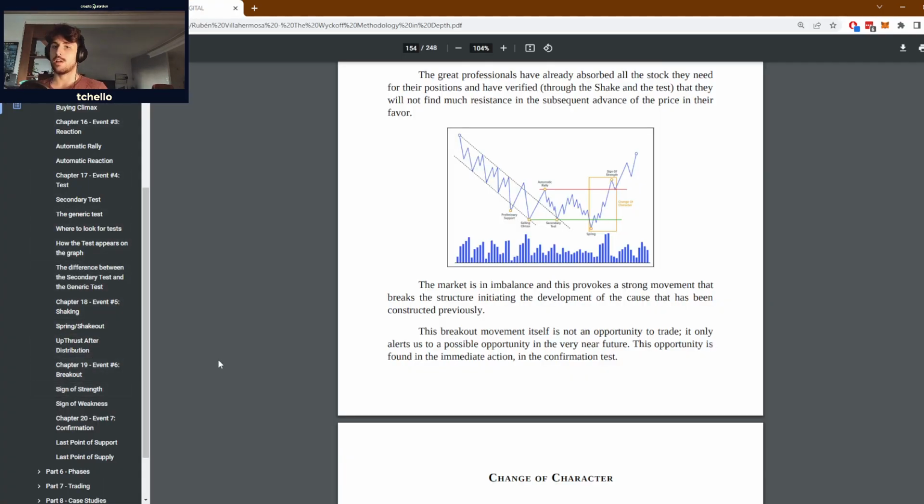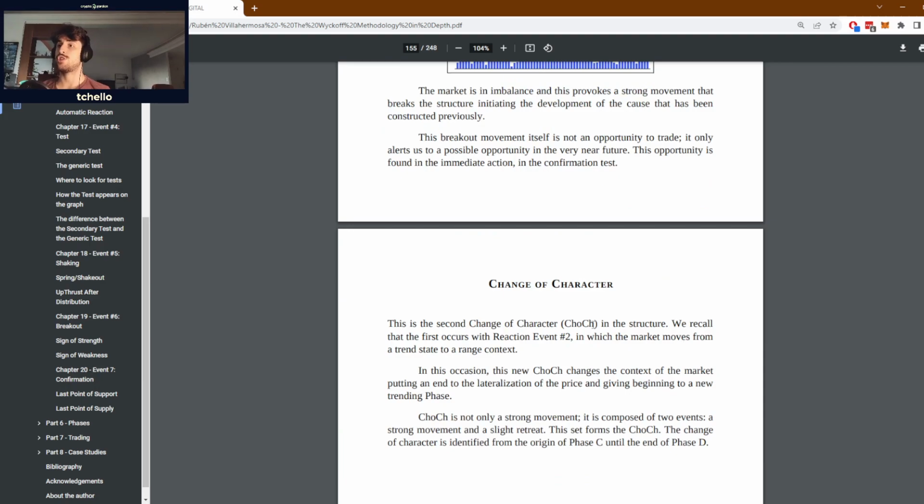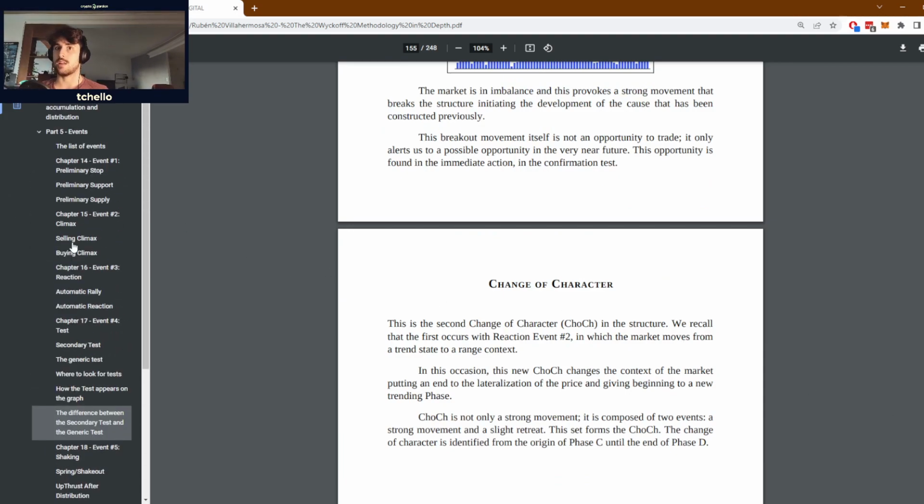And we'll look a little bit more into how to use the Wyckoff method for trading in a few episodes, all right? But essentially, this breakout has a few characteristics. So first, we have a change of character. Now, we talked about the change of character in the past, right? It was the first event that we talked about.